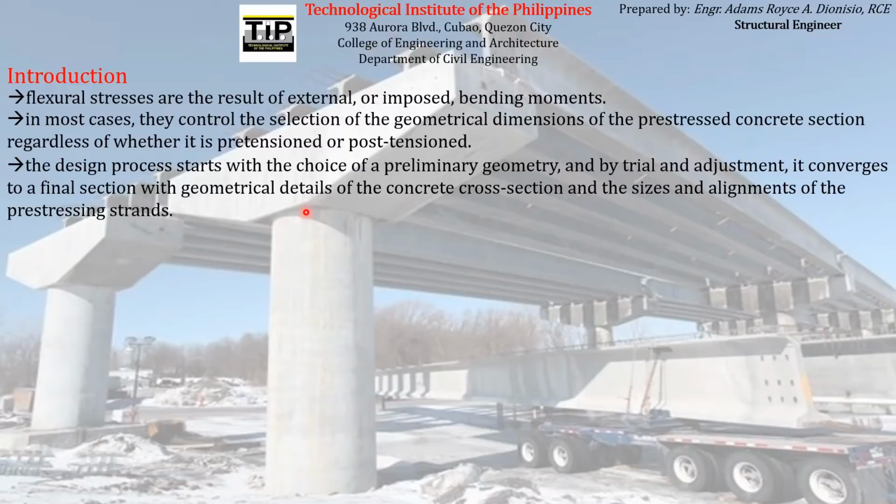So usually the people that assign those preliminary sections are the people that have a wide range of experience in designing. They have actually designed many different structures, wherein they already know what particular section can adequately support a particular demand or load that is supposedly being carried by the element that we are supposed to design.